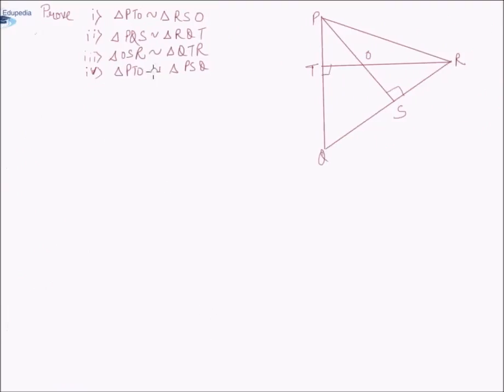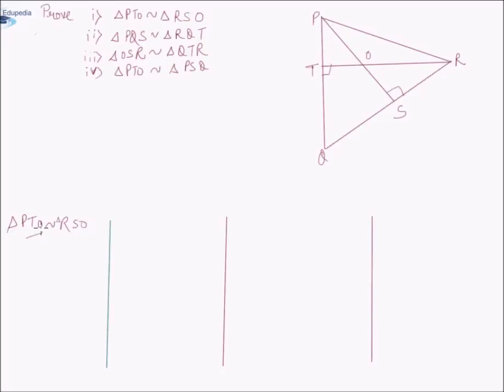The question says we are given a figure and we need to prove these 4 conditions. Friends, let us pick up the first case, that is triangle PTO and triangle RSO. Let us first locate the 2 triangles. Here this is the triangle PTO and here it is the triangle RSO.